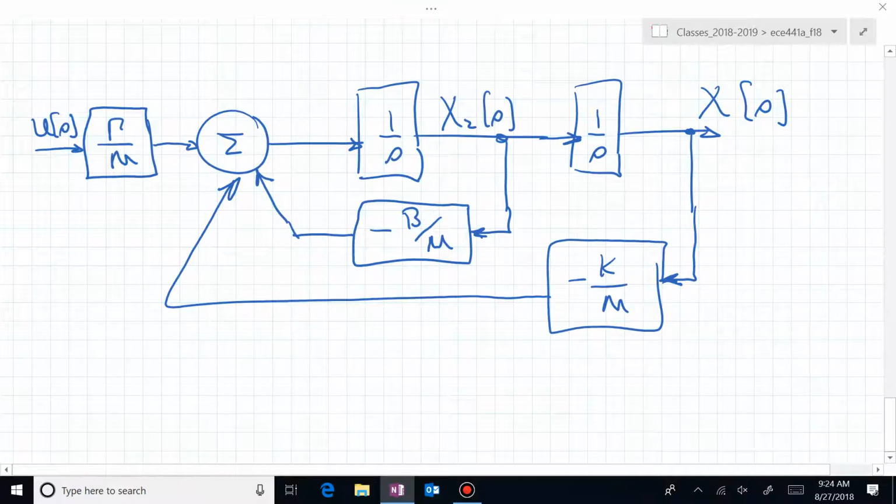Okay, so now let's find the transfer function. We can just do block diagram algebra. You could do Mason's gain formula, but let's label some of these signals. And a lot of times if you're trying to find a transfer function associated with this block diagram, you probably want to start thinking about writing your equations in terms of the output signals of summing junctions.